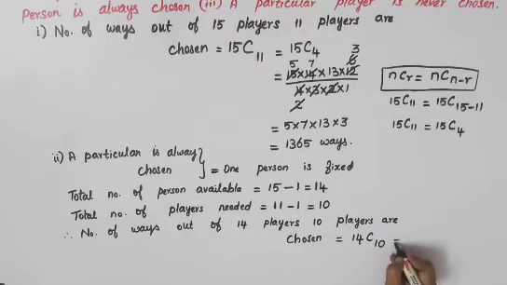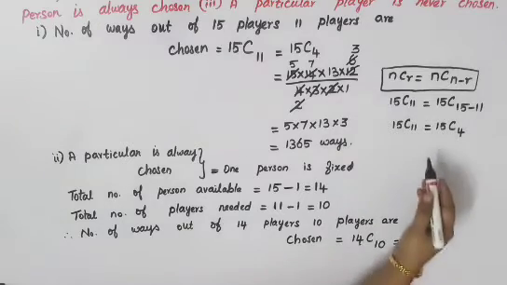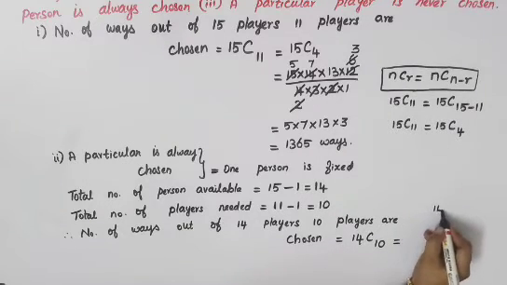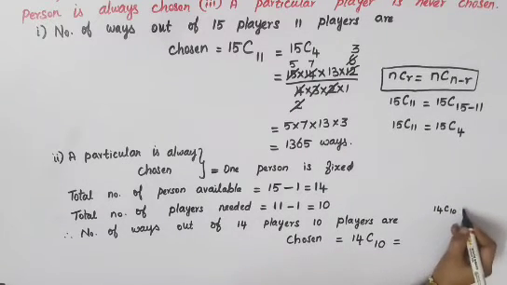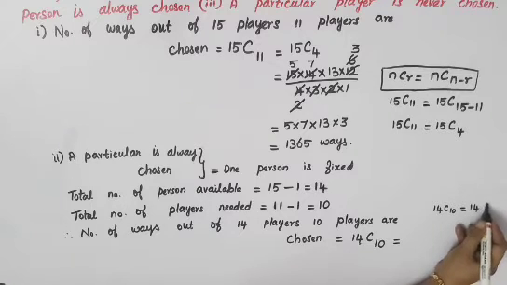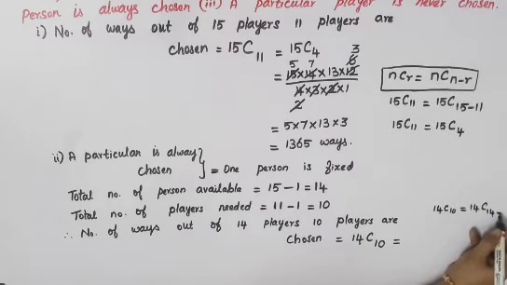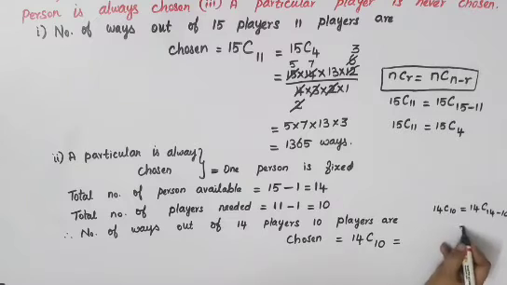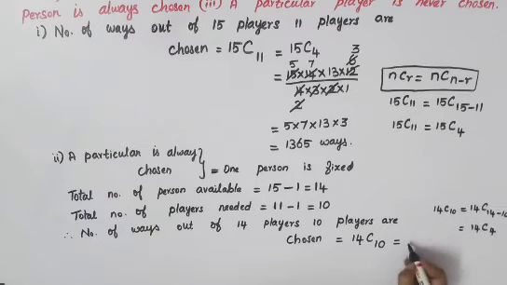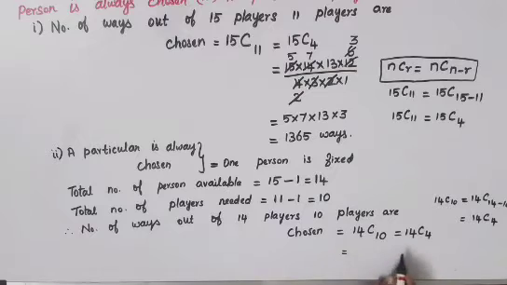So that is equal to, again do this conversion because 10 is a big number. I'll just write it here. So 14C10 is equal to 14C(14 minus 10), so that is equal to 14C4. Write the consecutive numbers, 4 numbers you'll have to write.